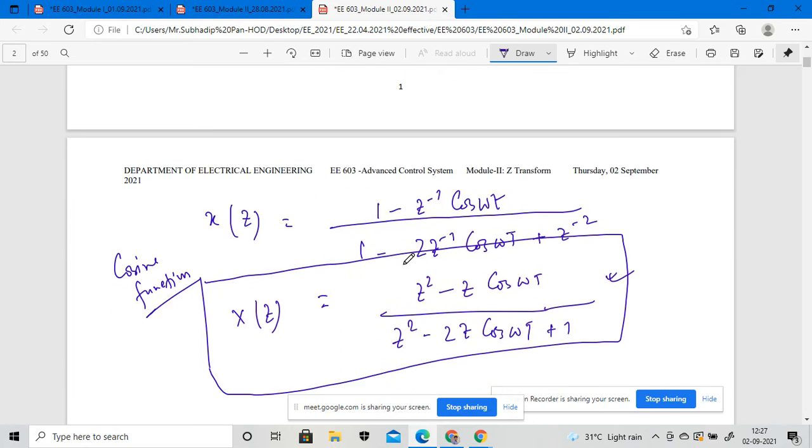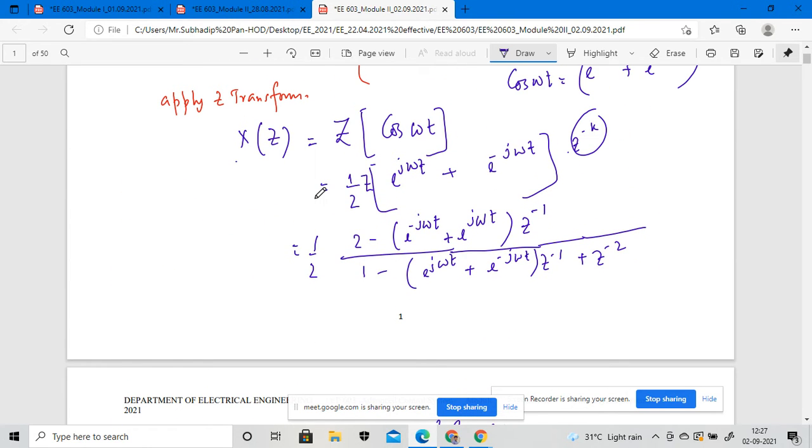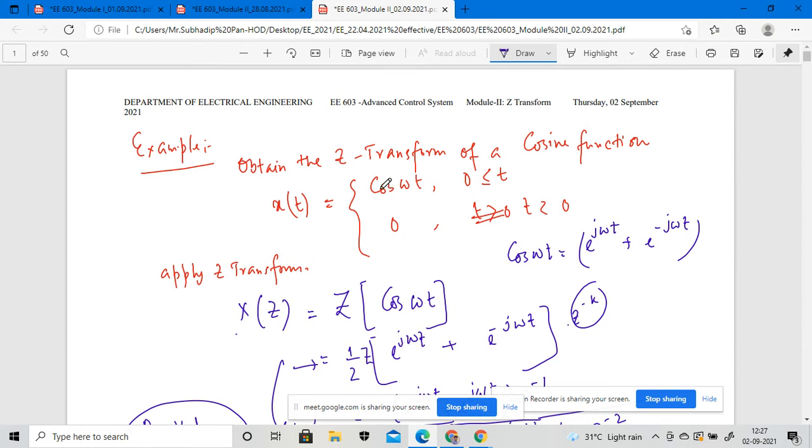Okay, so from there we are doing the partial fraction, and then it will come. Same as if I do the z transformation of a sine function, then it will come like this.